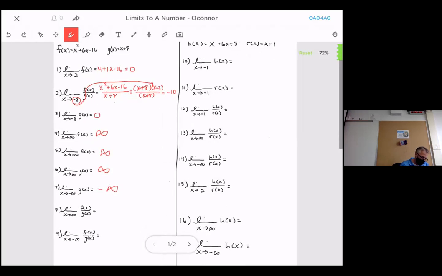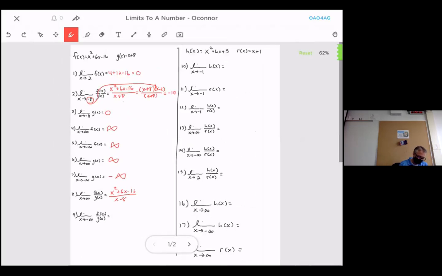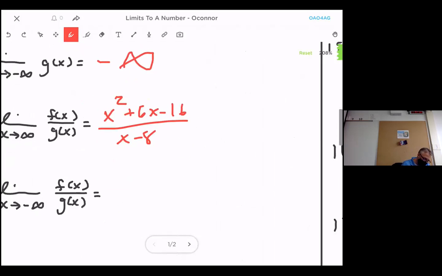And now the last one is talking about, you know, if it's a rational function, so f, which is x squared plus 6x minus 16 over g of x, which was x plus 8 on the bottom, sorry, my handwriting is bad there.